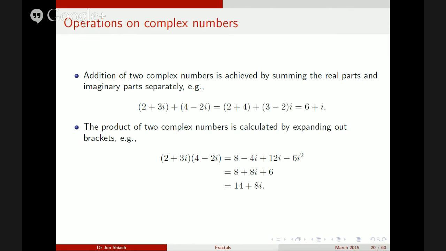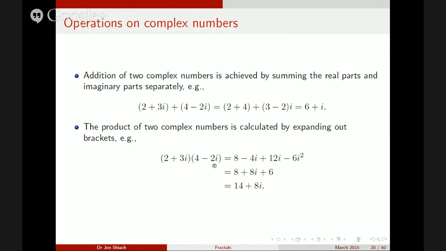The product is slightly more complicated. For the product, we have to expand out some brackets. If I've got the same two complex numbers, just as you would with algebra, expand out the brackets. So we have 8 minus 4i, that's 2 times 4, 2 times minus 2i. 3i times 4 is 12i.